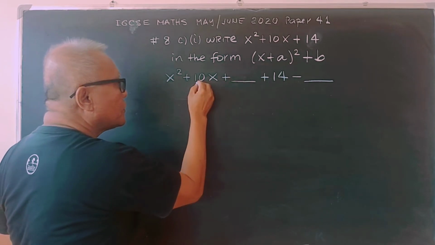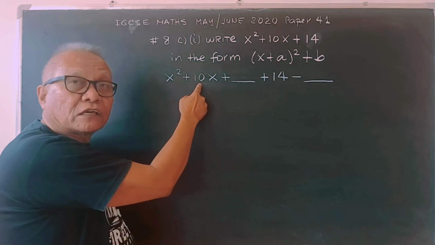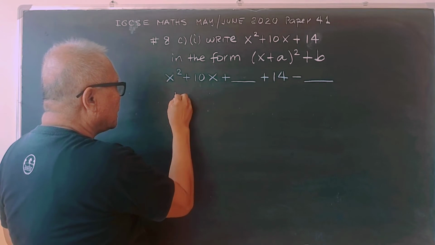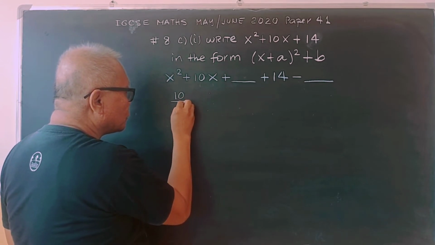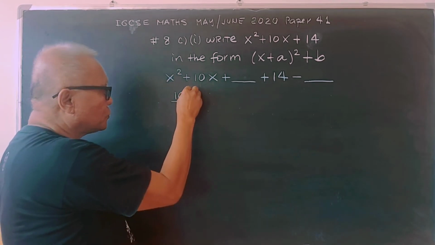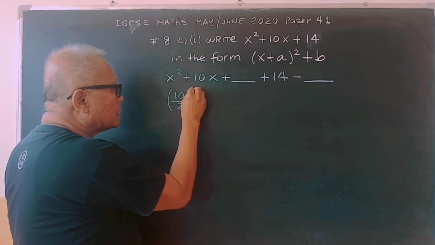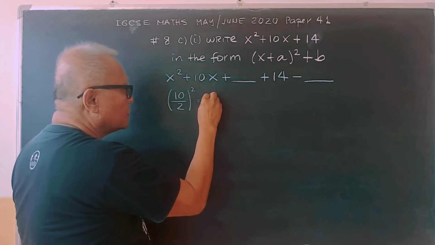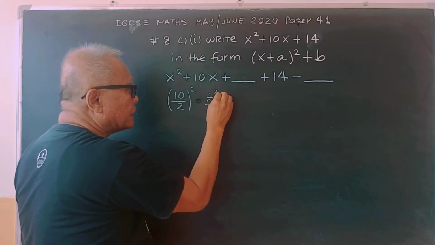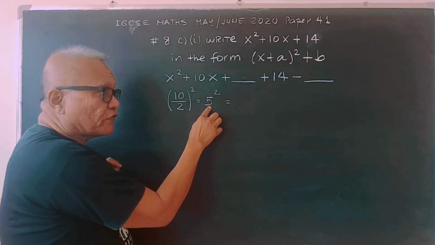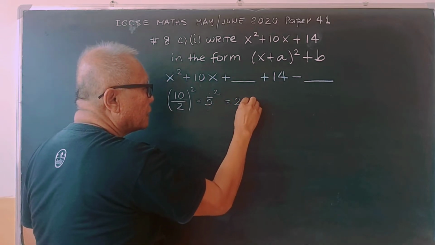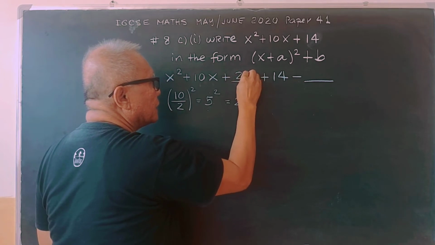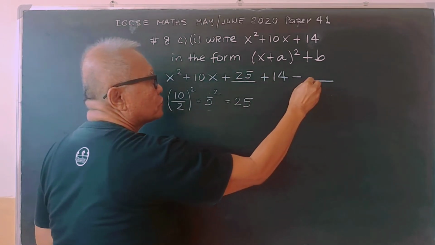To get this term, we get the numerical coefficient of x, or the middle term, and then we divide it by 2. After dividing by 2, we square it. So here we have 10 over 2 is 5, and then 5 times 5 is 25, and this 25 is to be added here and to be subtracted here.